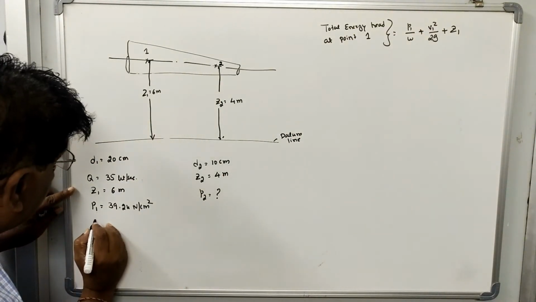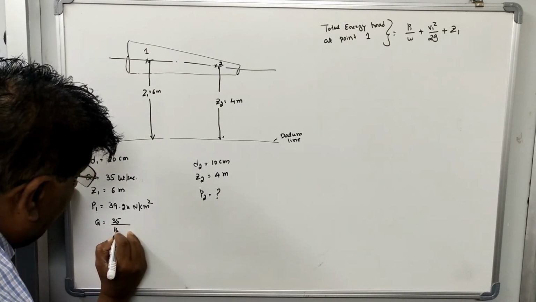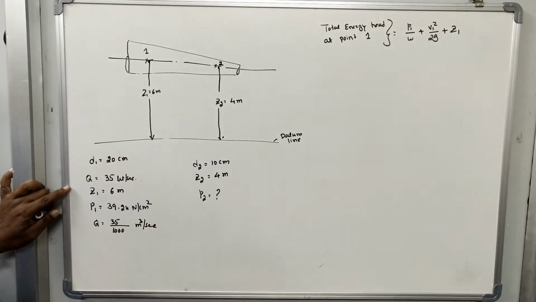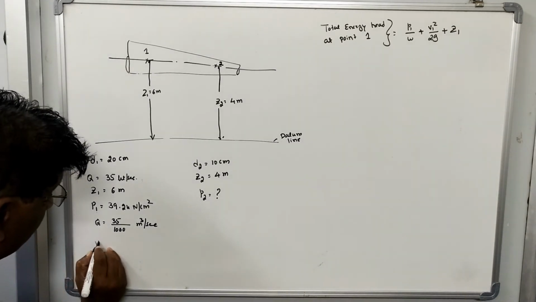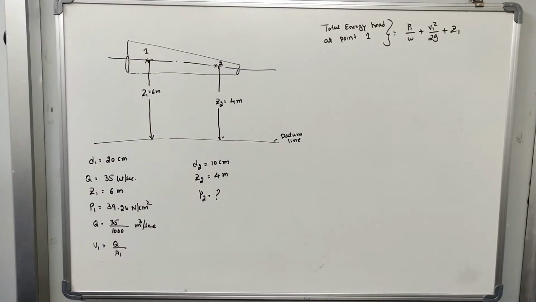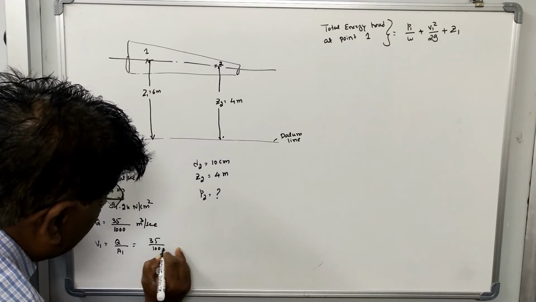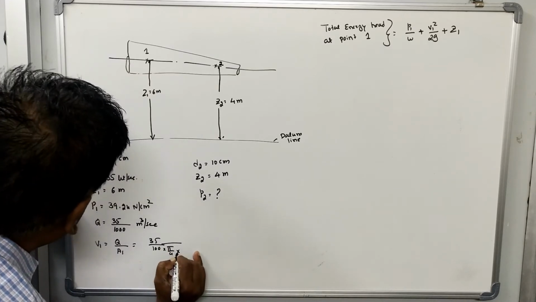So Q is equal to 35 liters per second divided by 1000, which gives you meter cube per second. Therefore V1 is equal to Q by A1. From the continuity equation, discharge is equal to cross-sectional area into velocity. So Q is 35 divided by 1000, and A1 is pi by 4 D1 square.